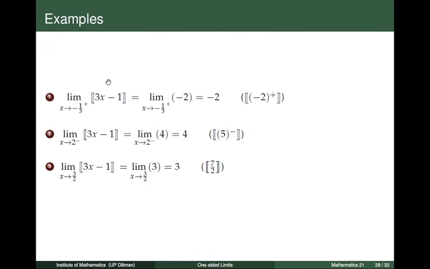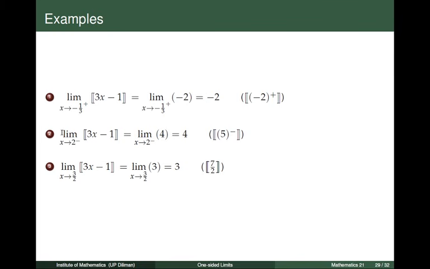And so, this expression here, the GIF of 3x minus 1, should be replaced with the integer negative 2. Okay? And so, finally, we will get the limit of negative 2 as x tends to negative 1/3 from the right side. This is a constant, so the limit is also negative 2.